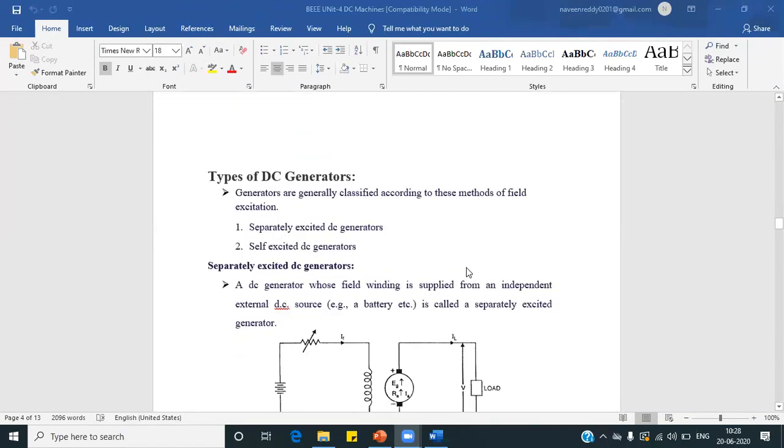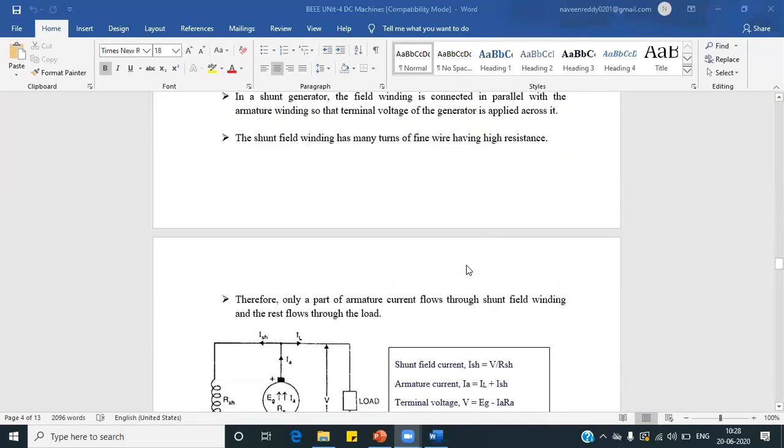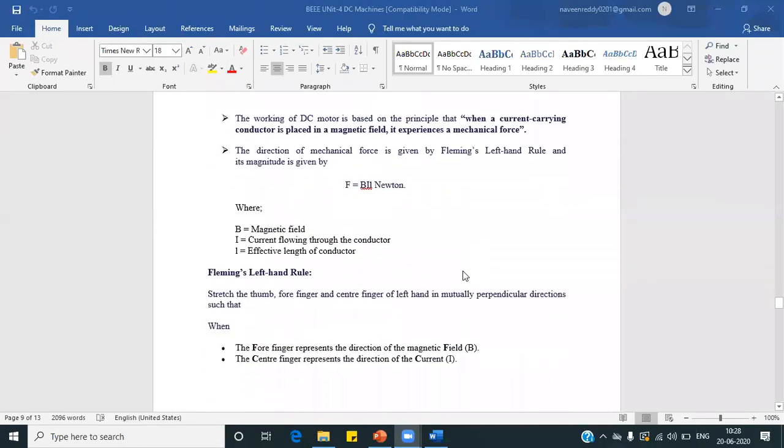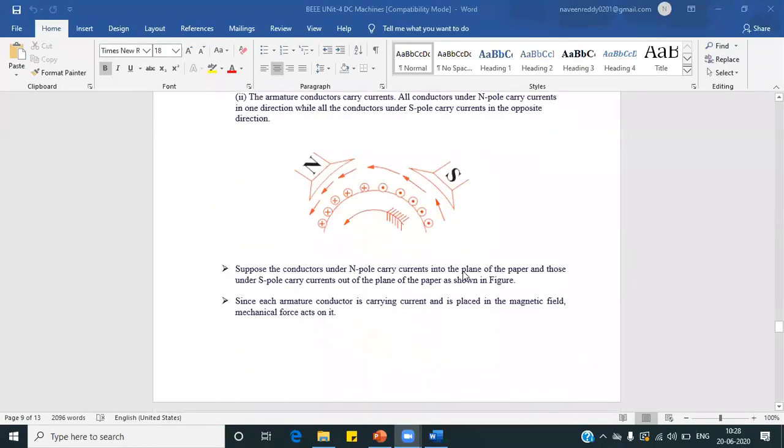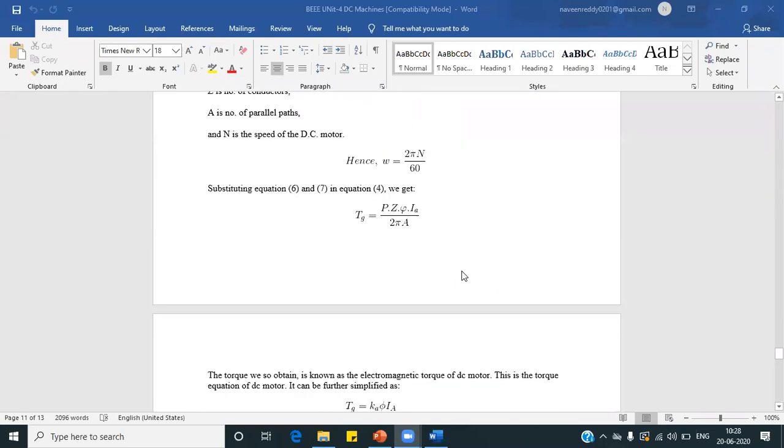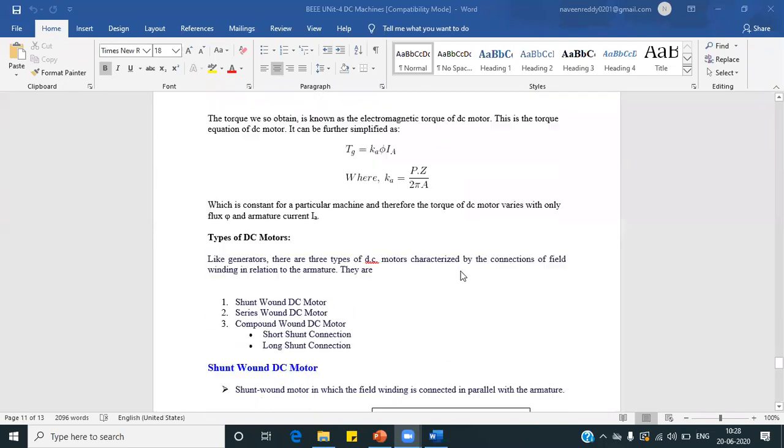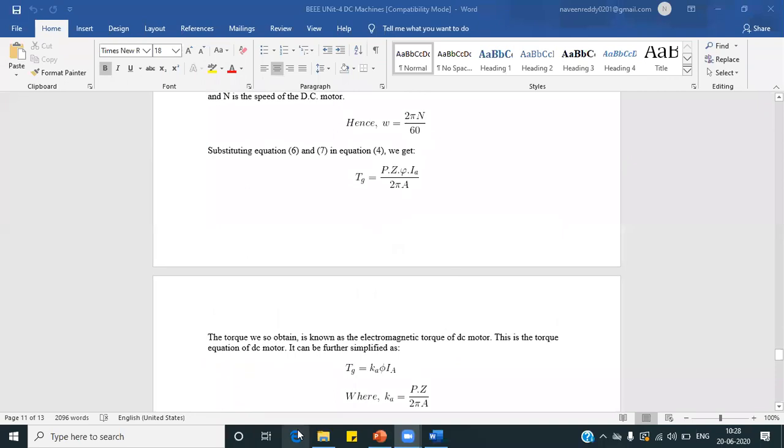I will just show you the torque equation of DC motor. You will definitely conclude something from that. See here, this is the torque equation of DC motor. Now what is P? P means number of poles, Z means total conductors, 2 pi is constant, and A is number of parallel paths.